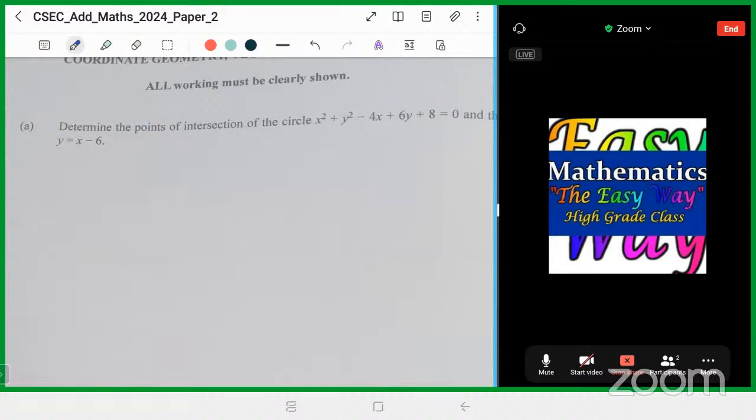So when we do the substitution, let's say sub line into circle.